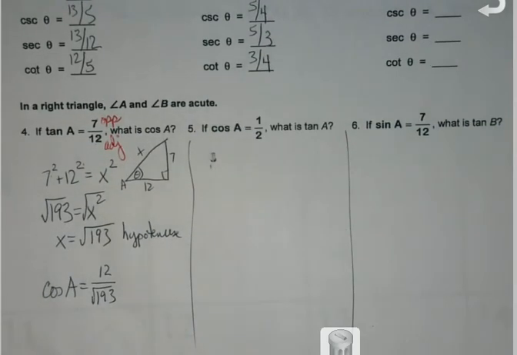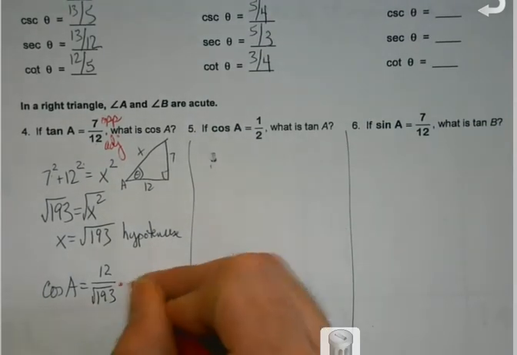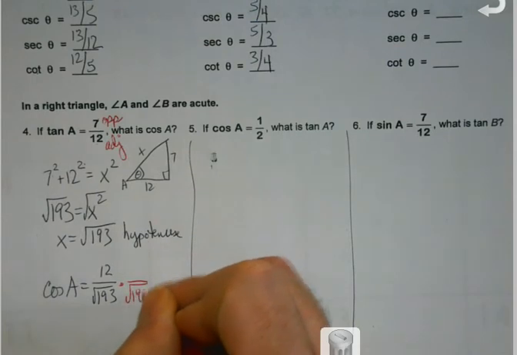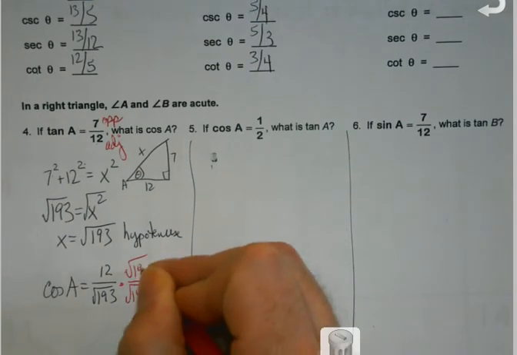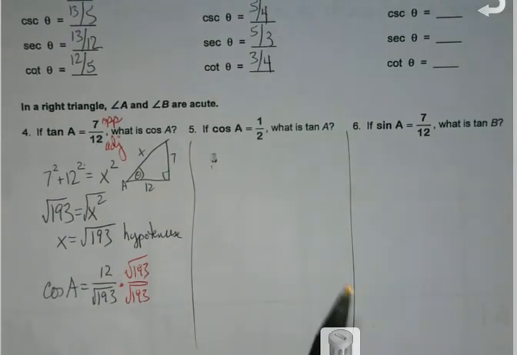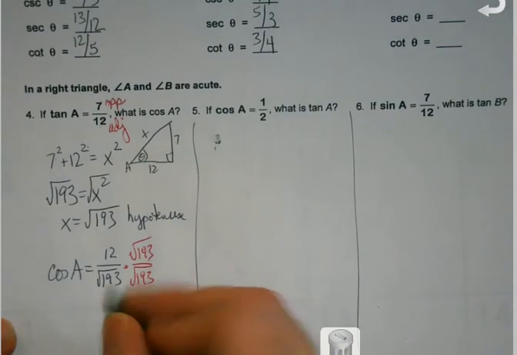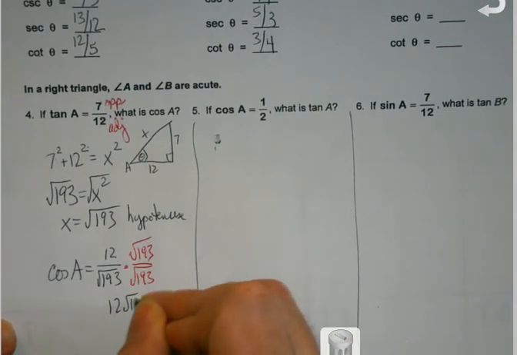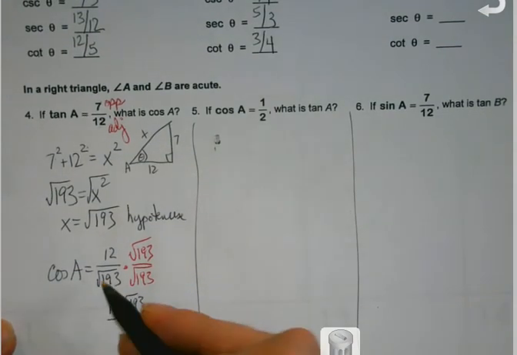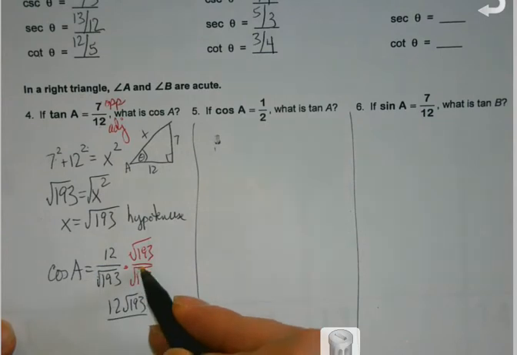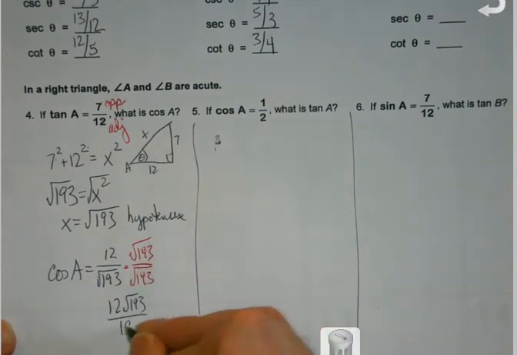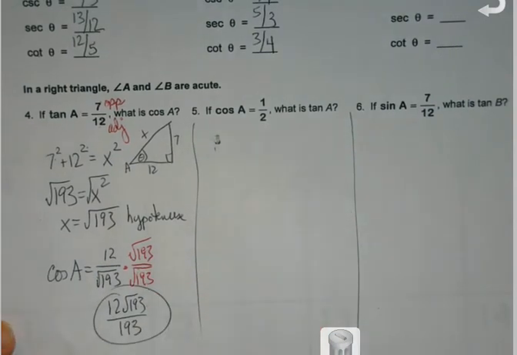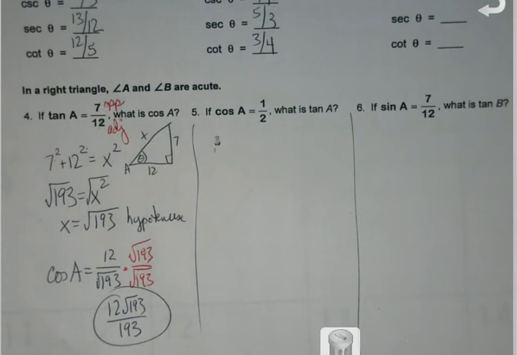I've got to rationalize it. So we'll go ahead and rationalize my denominator. So 12 square root of 193, and as we've noted before, the radicals just cancel when you do this. And I can find my cosine.